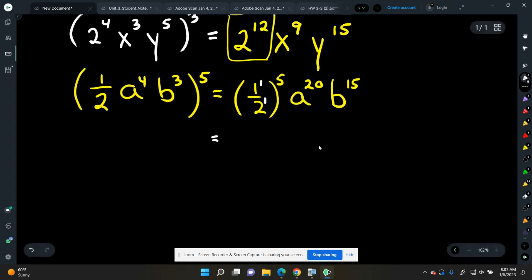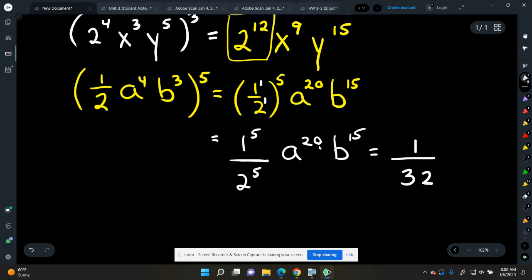So we're going to distribute the exponent, so it becomes 1 to the 5th over 2 to the 5th. And what's 1 to the 5th equal? 1, right. And then 2 to the 5th, which is 32, a to the 20, b to the 15.